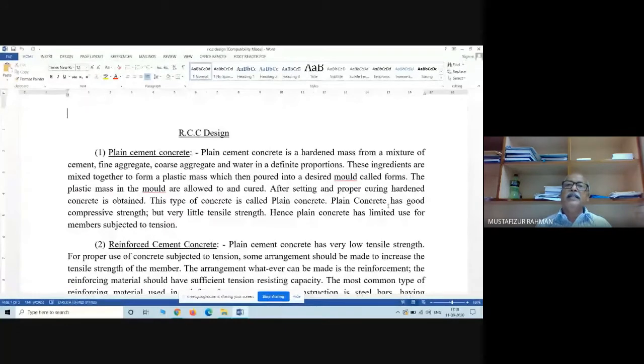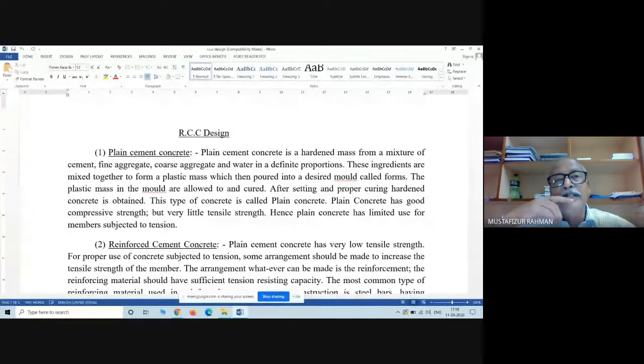When it is cast in the mould and allowed to cure, it becomes a plain concrete member. The problem in plain concrete is that we will get some strength, but it is not an algebraic addition of the strengths. If you see the sand, do you expect any strength?